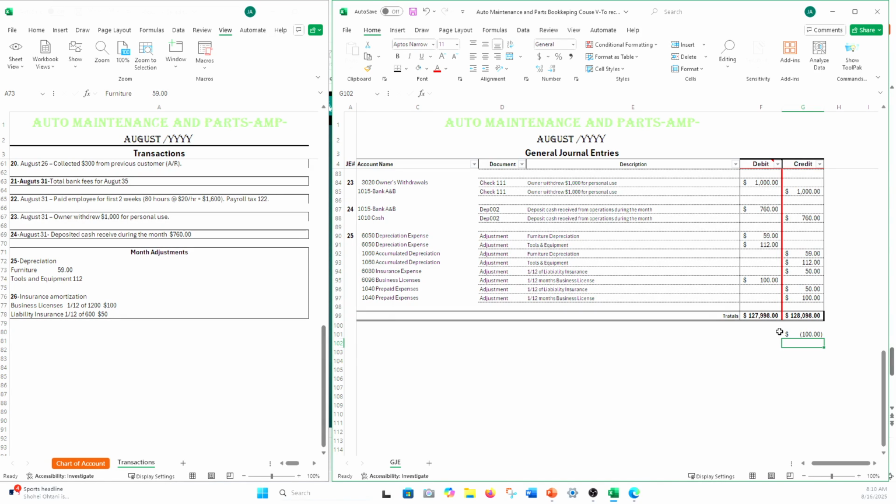So this is one thing that you have to learn. If you have a $100 discrepancy, it could be because you just missed $100, or it could be because you put the amount in the wrong side, and the discrepancy is double that one. So this one divided by 2.